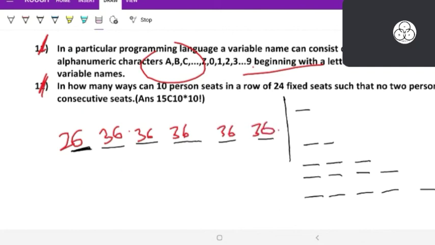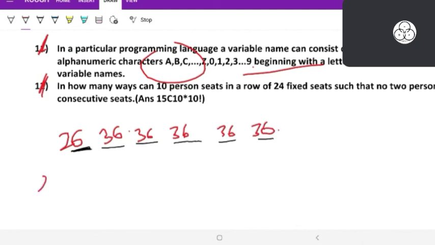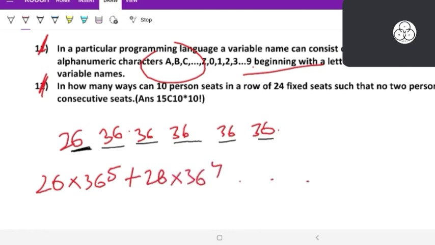Now simplification will be quite easy for us. This is again a geometric progression. At most, remember this, at most 6. 26 into 36 to the power 1, 2, 3, 4, 5, plus 26 into 36 to the power 4, so on.